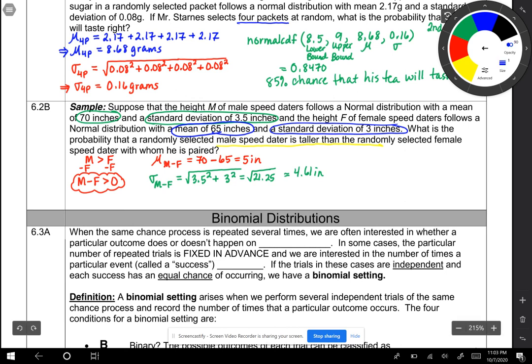So for our normal CDF, our lower bound is going to be this 0 right here. So the difference is going to be 0, and our upper bound is going to be a really large number.